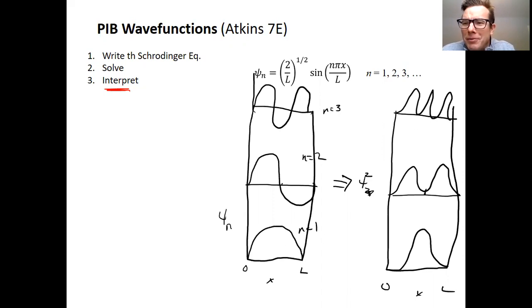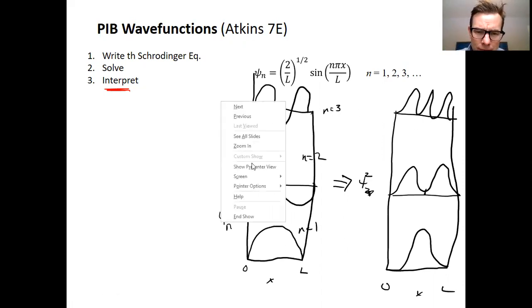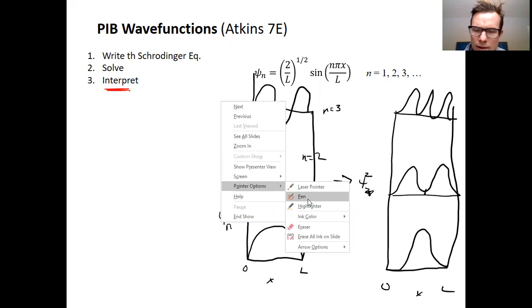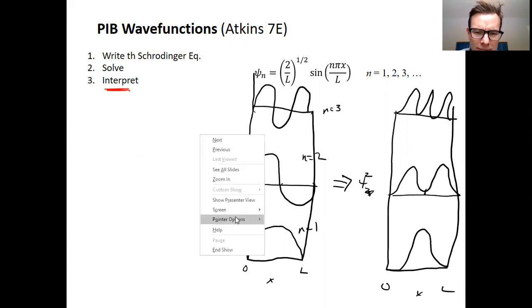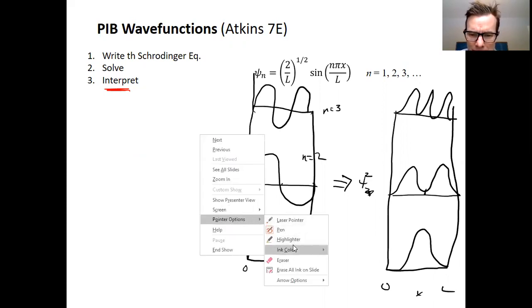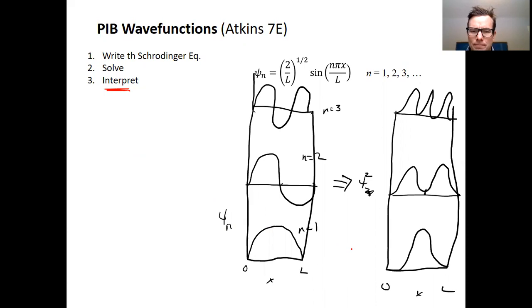Okay, so let me start to point out a couple things to you about this. The first is this point right here. So this point right here, where the wave function is 0, is called a node.